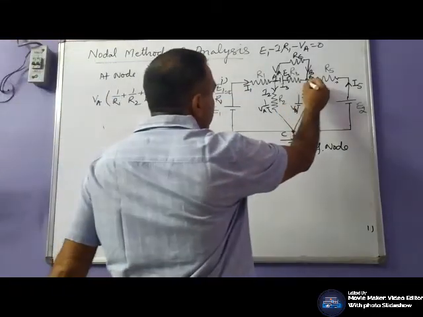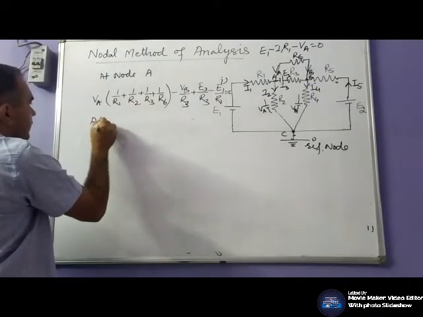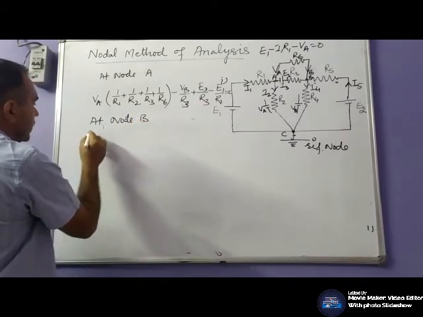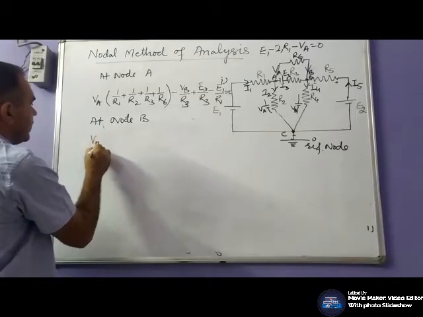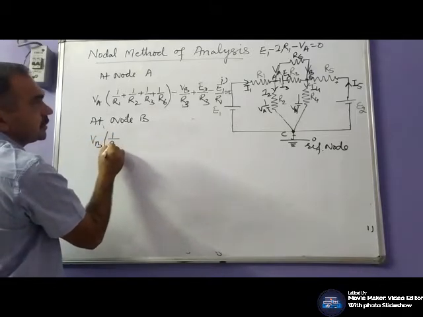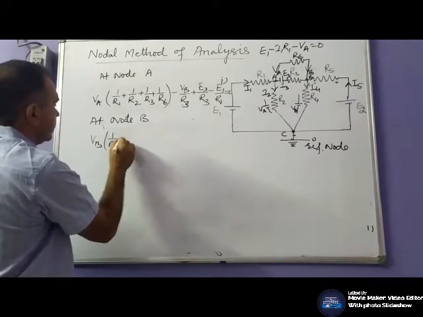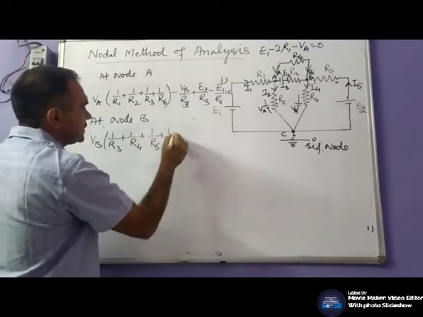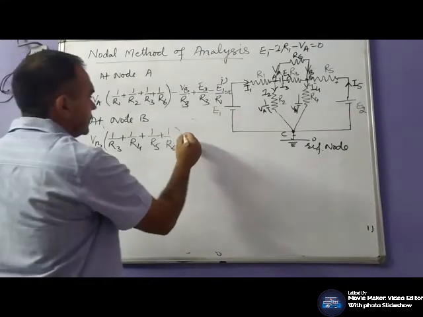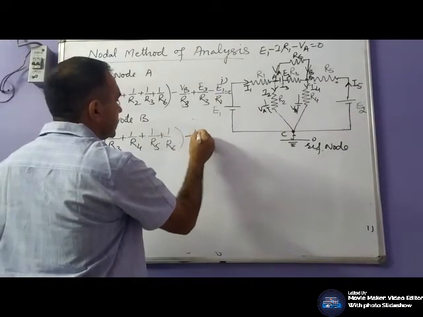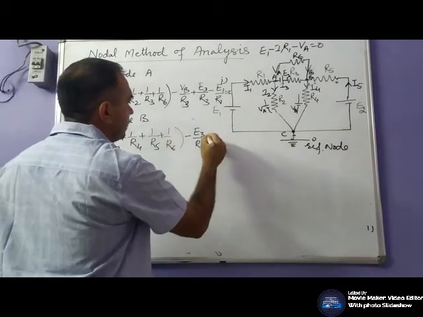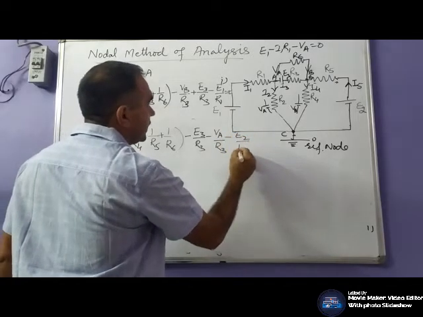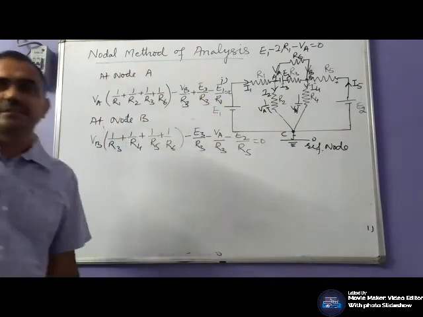Likewise at this node, the equation at node B: VB into 1 by R3, R4, R5, R6, minus E3 by R3 minus VA by R3 minus E2 by R5 is 0.